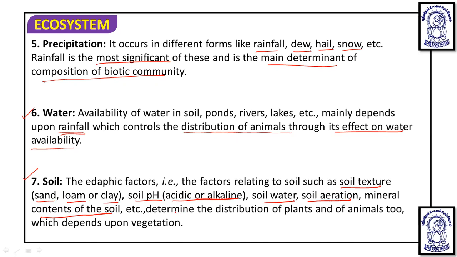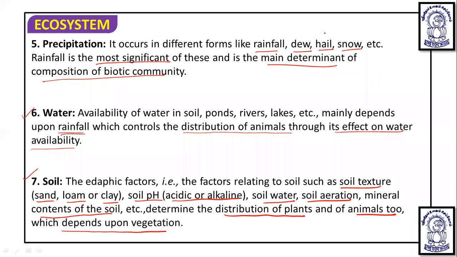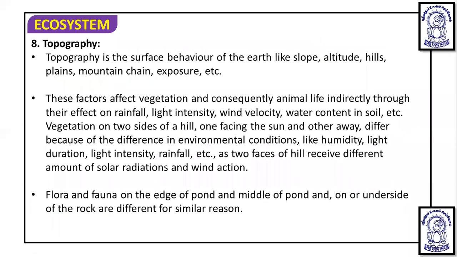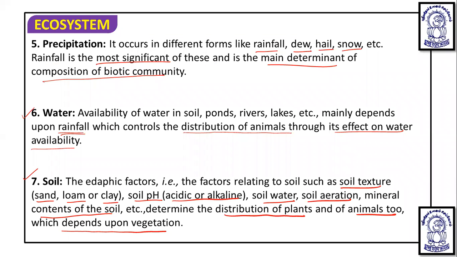They are edaphic factors and determine the distribution of plants, where the plants will grow, and the distribution of animals, which depends upon the vegetation. Animal distribution also depends upon vegetation, and the distribution of plants is determined by the availability of the type of soil. So this is the soil factor.